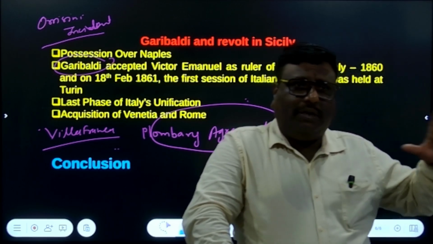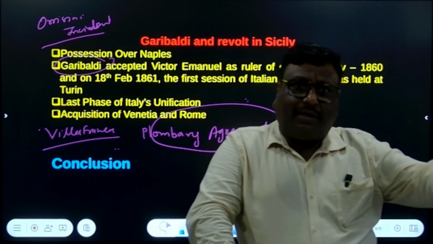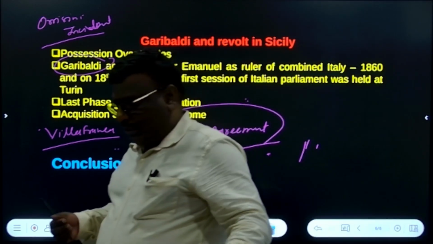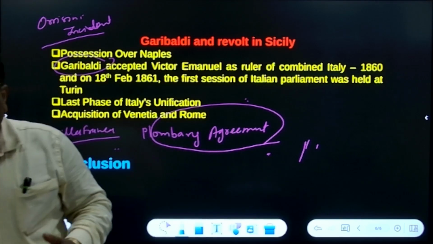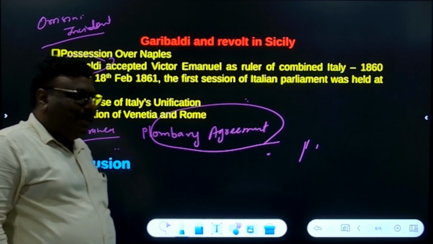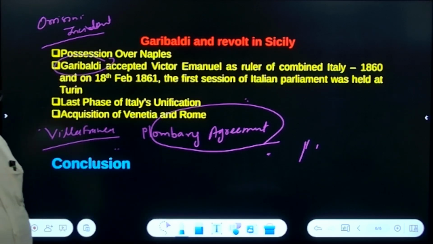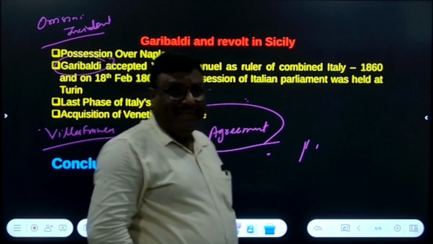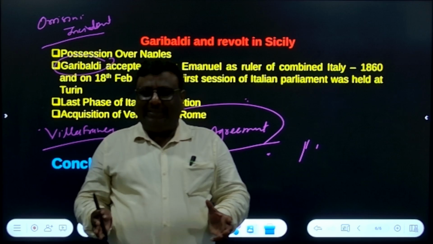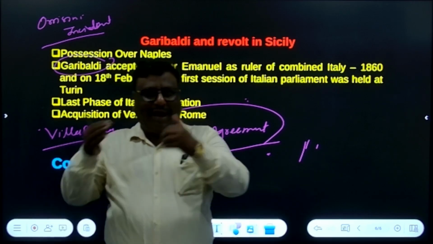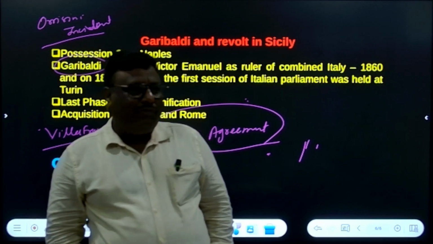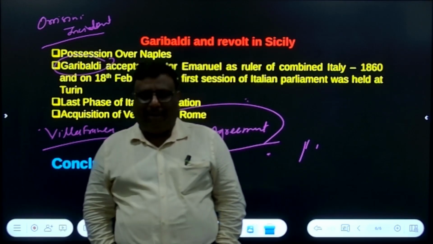Everywhere Garibaldi took control. Once Garibaldi conquered new states, Sardinia felt some threat from Garibaldi. Sardinia means Cavour. Cavour thought that if Garibaldi conquered all the regions, whether Garibaldi would accept the sovereignty of Sardinia or not. Therefore, it was important to stop the expedition of Garibaldi.